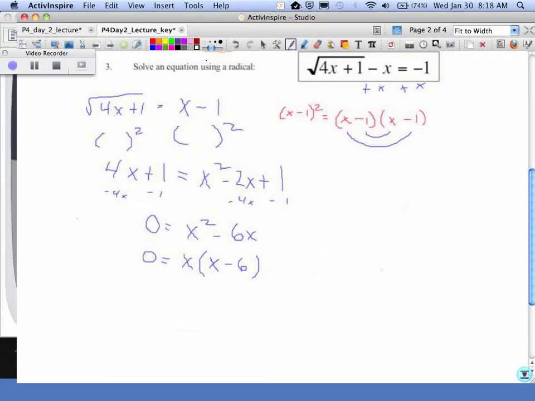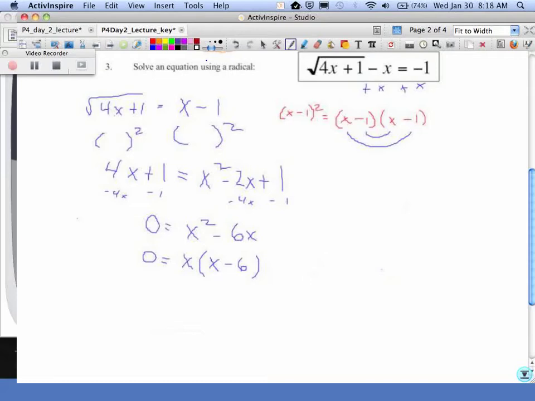Because there's no constant for this quadratic, we don't worry about factoring traditionally. There's an x in that term and an x in that term, so when you factor it out, you have x minus 6 behind, and x times x minus 6, set those equal to 0, right? So what do you get for solutions? 0 and 6 should be your two solutions.